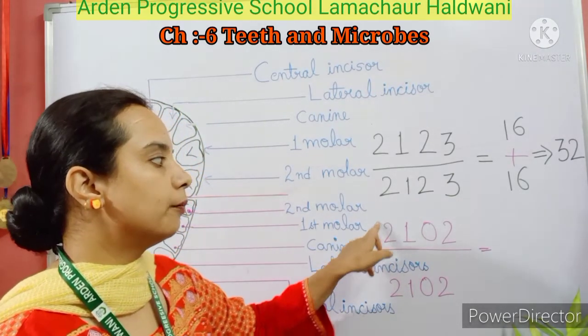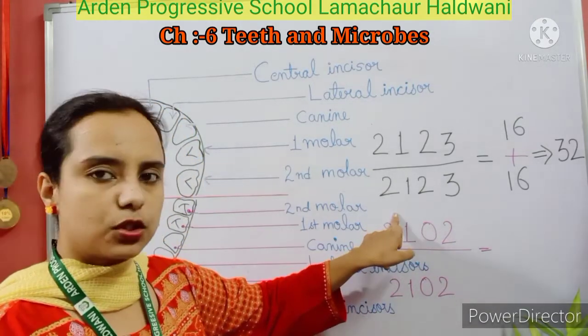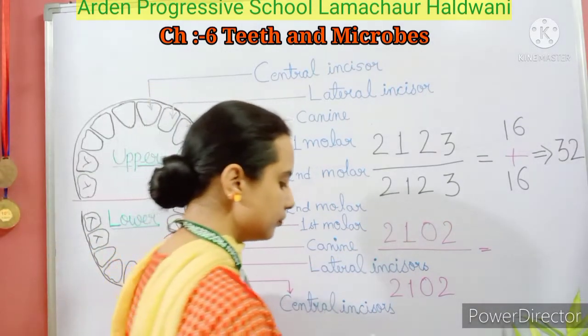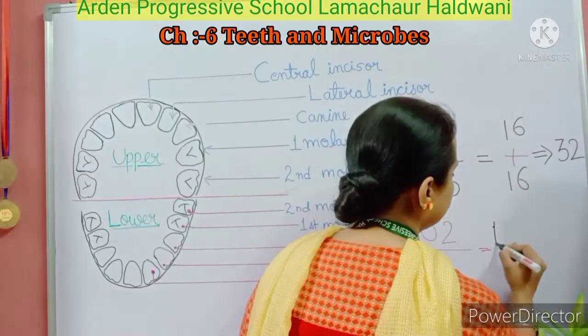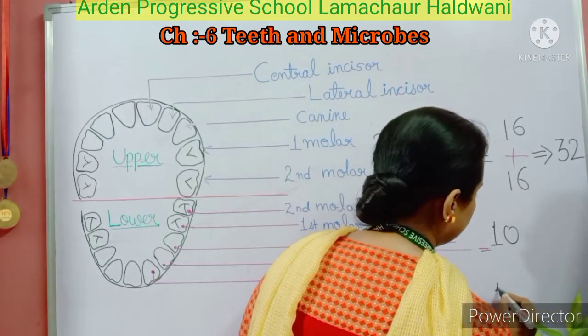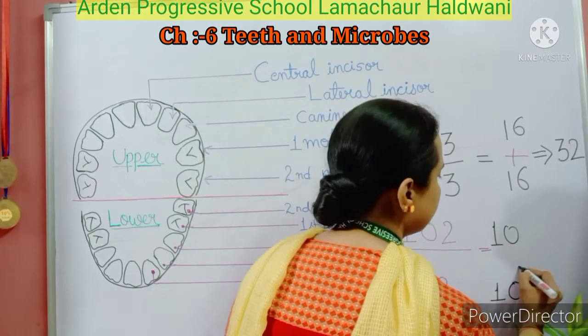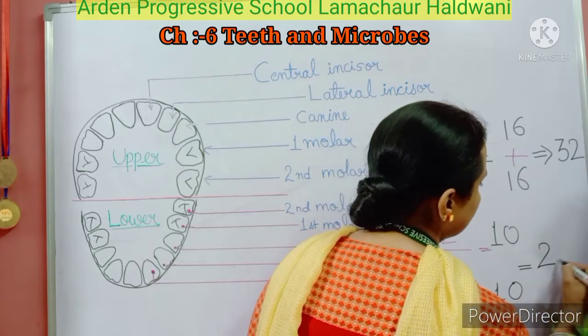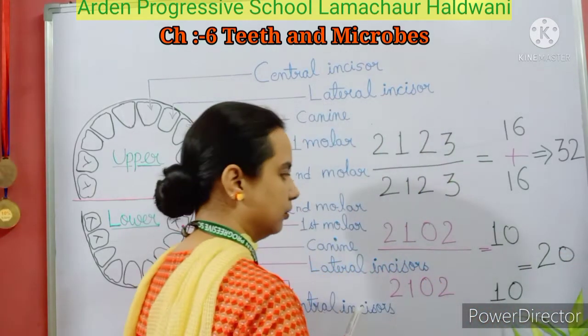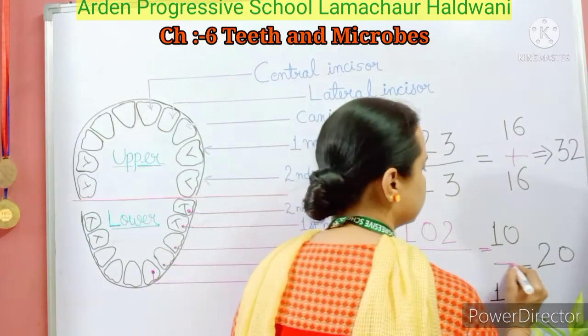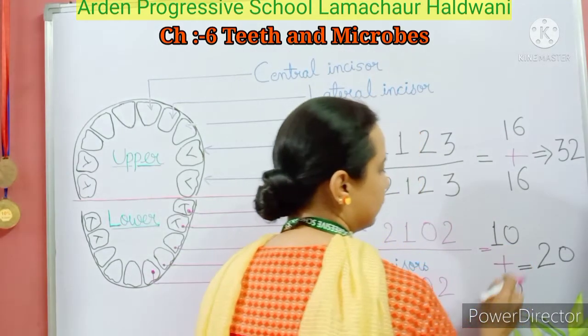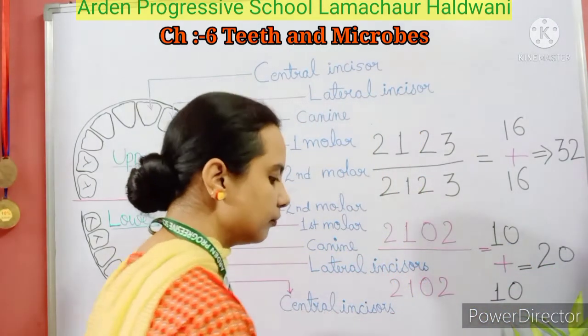So 4 plus 4 is 8, and plus 2 is 10. So this is 10 over 10, meaning 10 plus 10 equals 20.